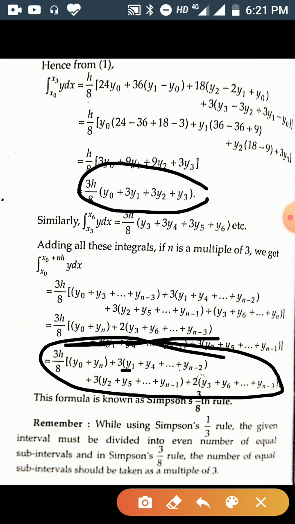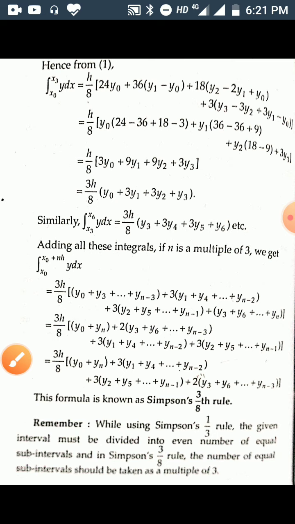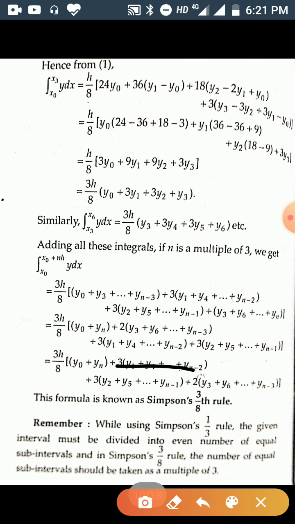We can combine these two entries of 3, and we will write this formula as 3h by 8 [sum of first and last entries plus 2 times the sum of the entries which are multiples of 3 plus 3 times the rest of the entries].